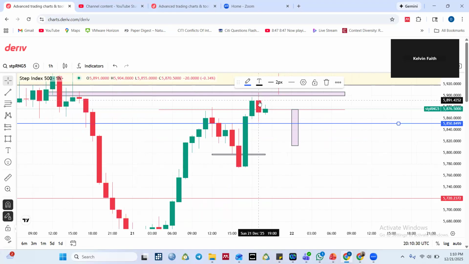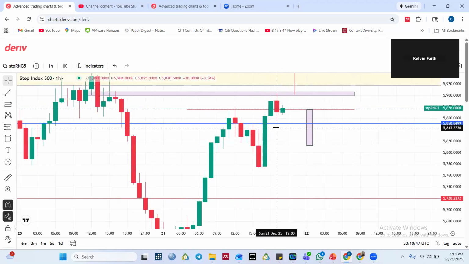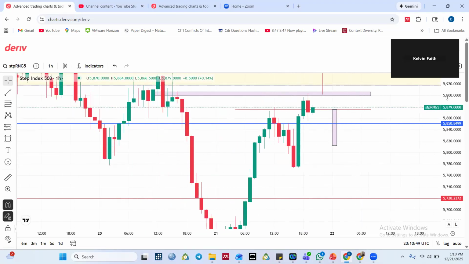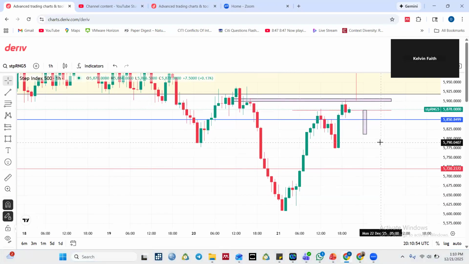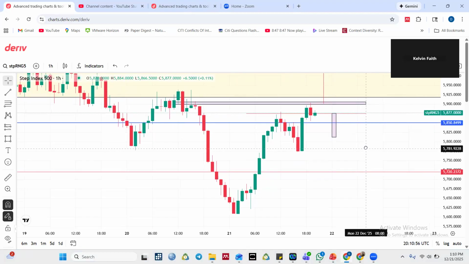We can see this one drop down to make a wick exactly at this point and rejected back inside. Okay, so we need price to be below this red line, stay below this blue line, and then that is going to give us the sell we are looking for.